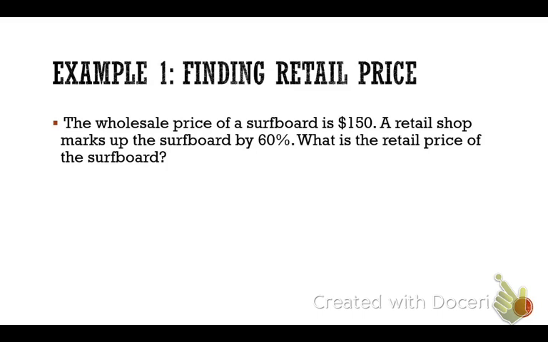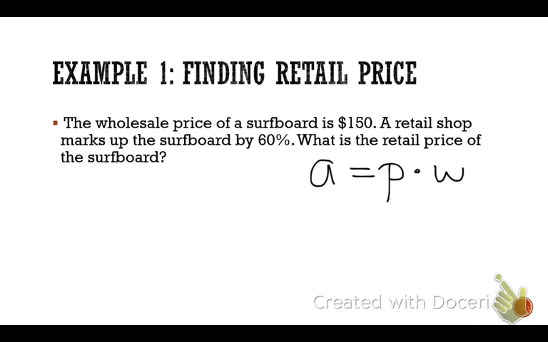Well, remember, we're going to use the percent formula, A equals P times W, where W stands for the original amount that was paid for, either the original amount before it goes on sale or your wholesale amount, right?